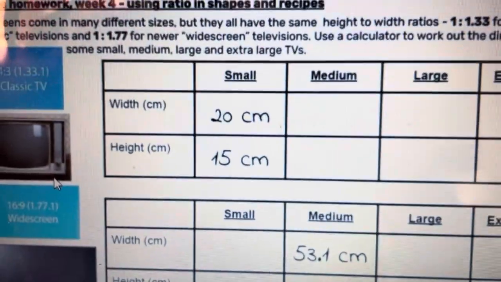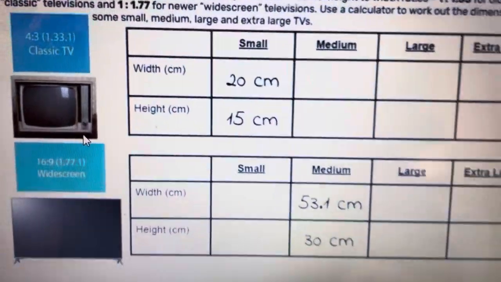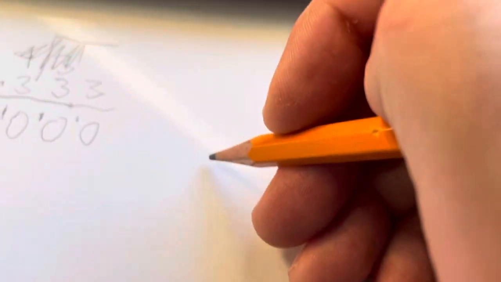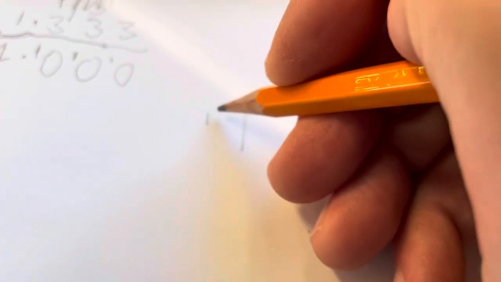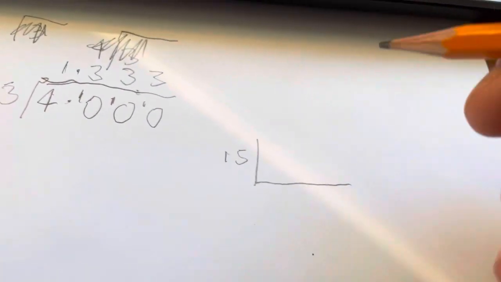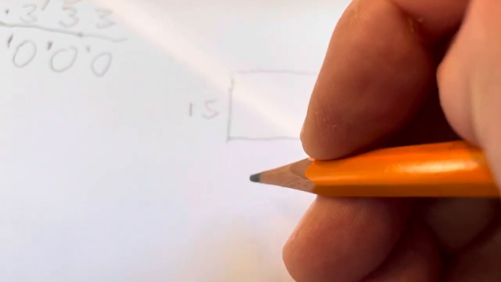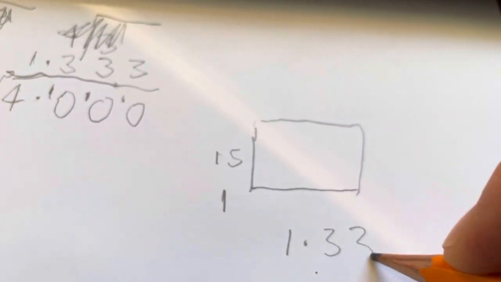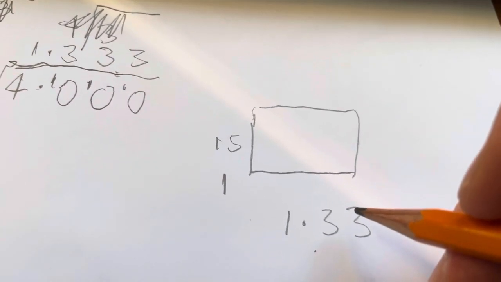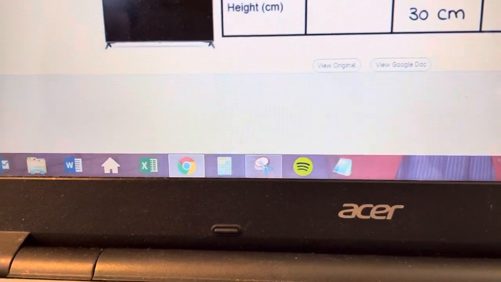In the example I've given you, if the height of the screen is 15, then the width of the screen, sorry, this is all a bit shaky, is going to be, if 15 is our 1, we have to think about what 1.33 of that is. A simple way to do that is to use a calculator, which I recommend.